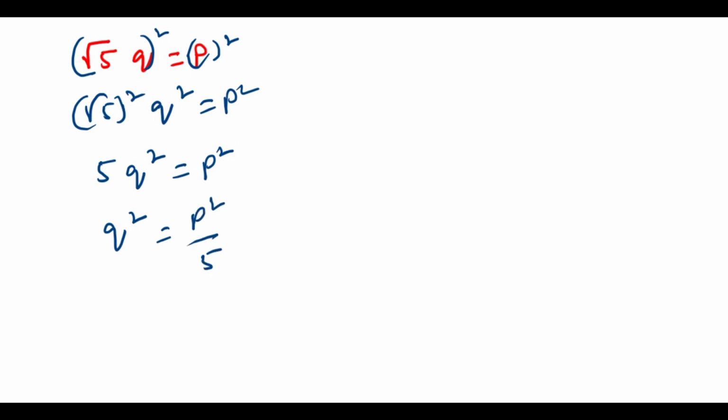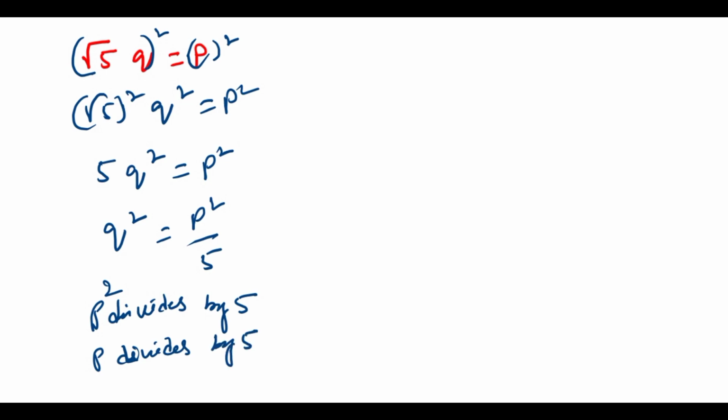That means 5 divides P squared. Similarly, 5 divides P. Okay, and now because 5 divides P, let P equal 5A, because it is a multiple of 5.